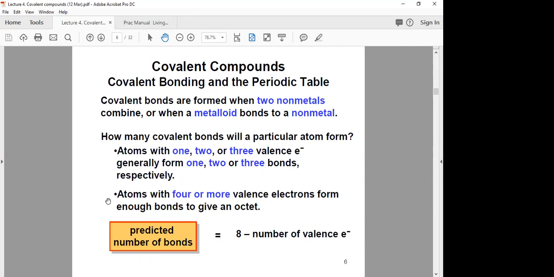Atoms with 4 or more valence electrons will form enough bonds to achieve that octet, that is those 8 electrons. One example was carbon. Carbon has 4 valence electrons, so in order to give it an octet, it will form 4 covalent bonds. Predicted number of bonds simply equals 8, take away the number of valence electrons a particular atom has.